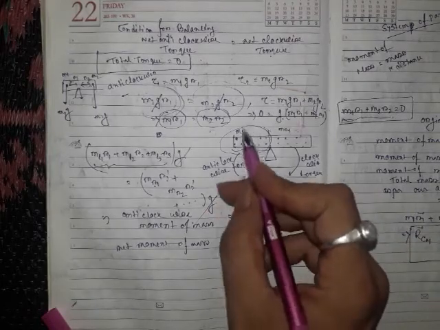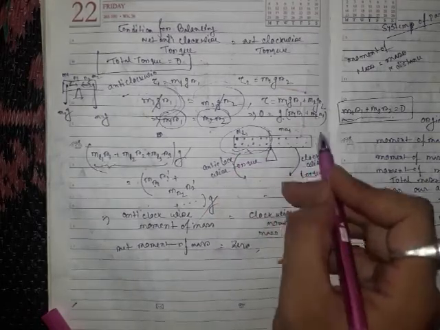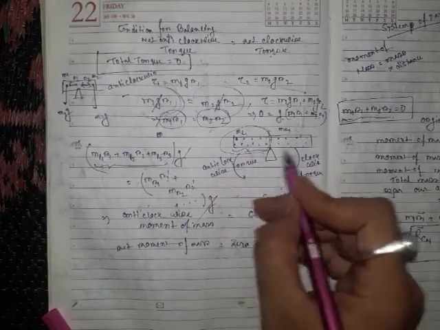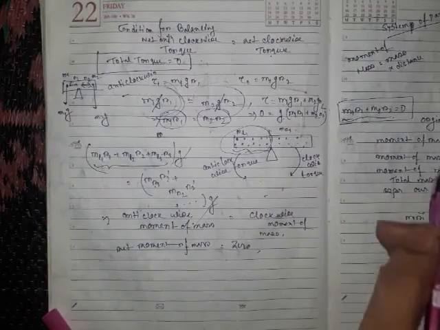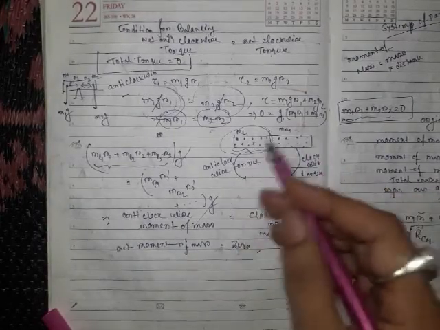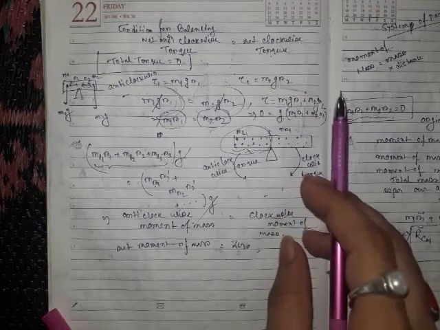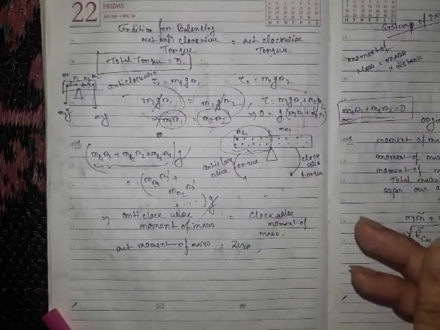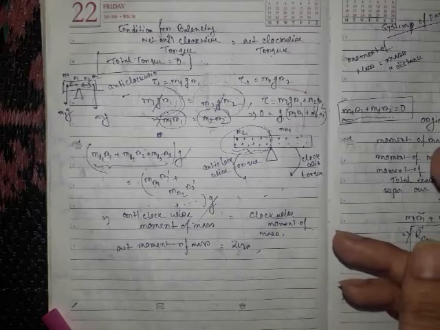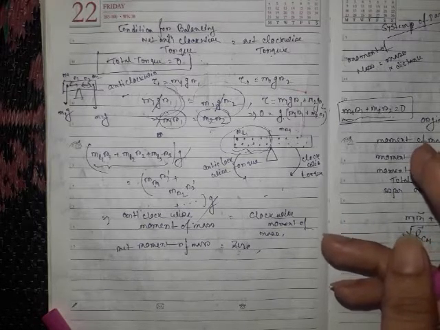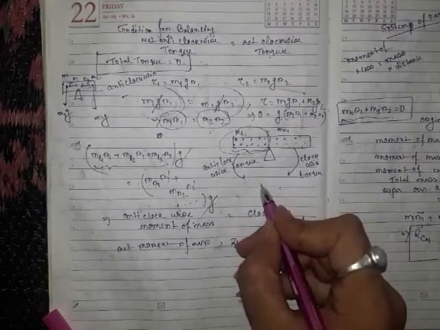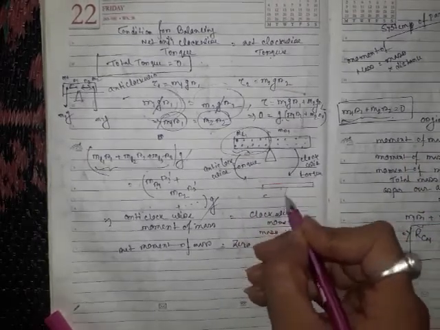Here there is one mass m1 and here is another mass m2. You already did this kind of problem in class 10, maybe. Let this rule be massless, and this is the fulcrum.